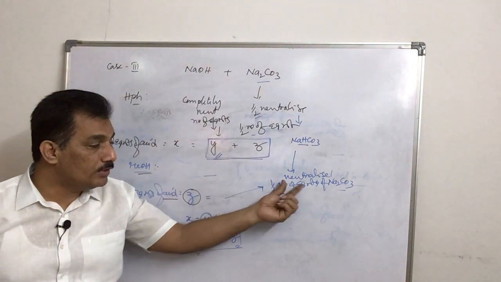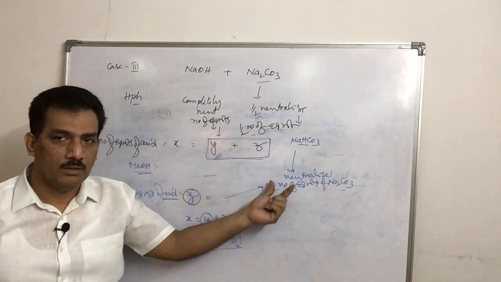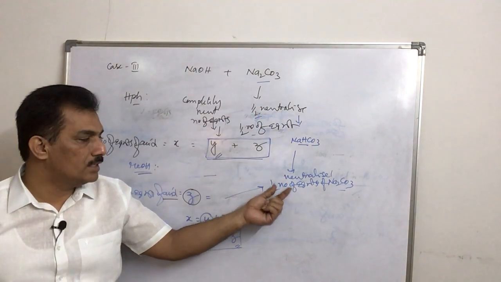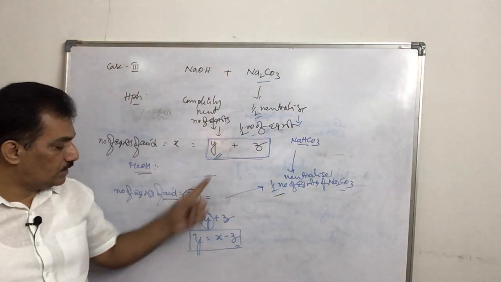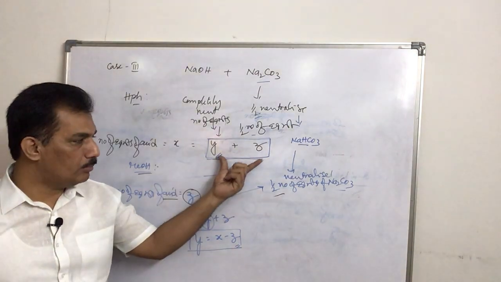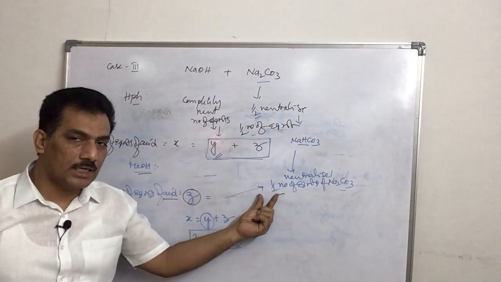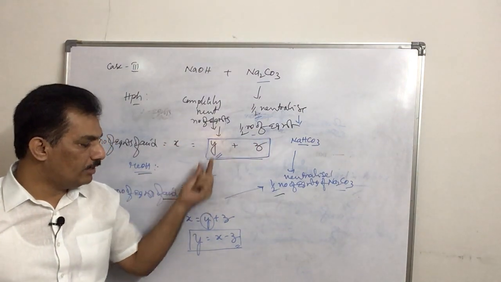The remaining half is now neutralized. Both these halves are equal. Are you getting? Hence this half is now Z, and the total in the first titration, X, is nothing but the Y plus Z combination. When in the second titration we get the Z value, X minus Z will give the Y value.